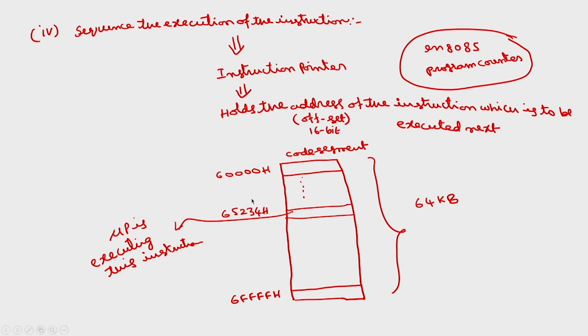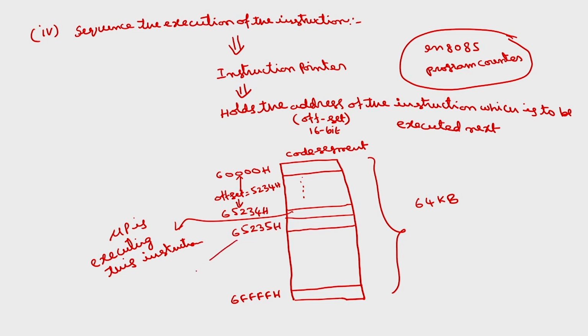Then from here to here, what is the offset? From here to here, the offset is the difference, 5234H. So, what is the address of the next instruction? If I assume that this is a single byte instruction, the address of the instruction to be executed next will be 65235H.